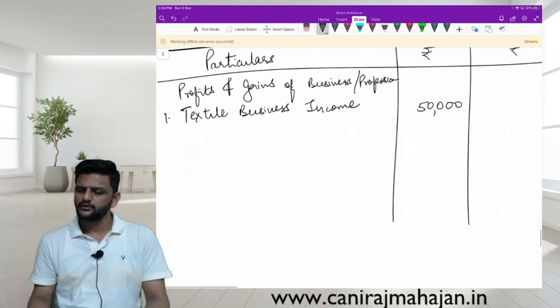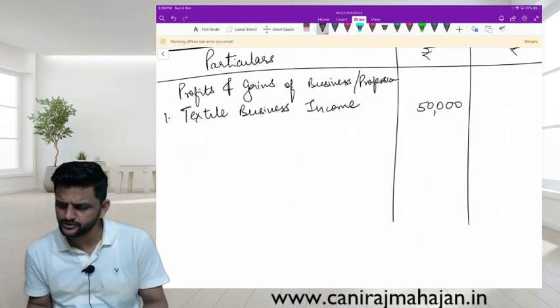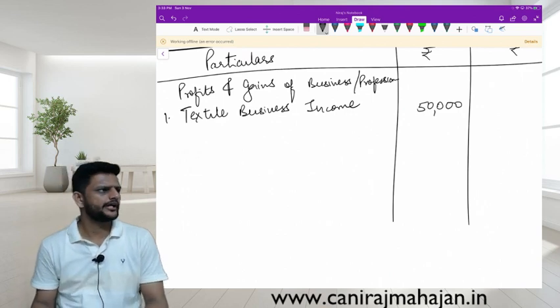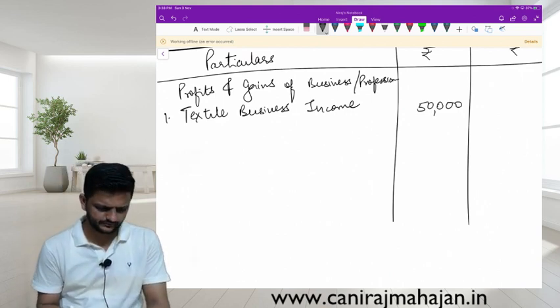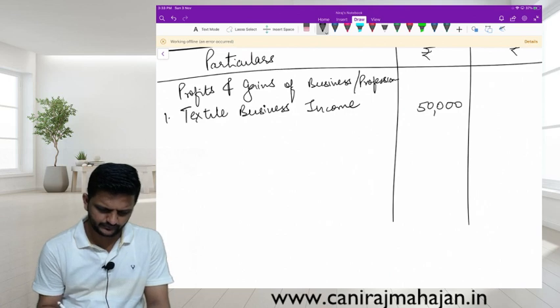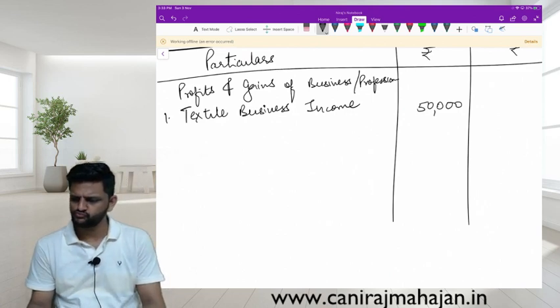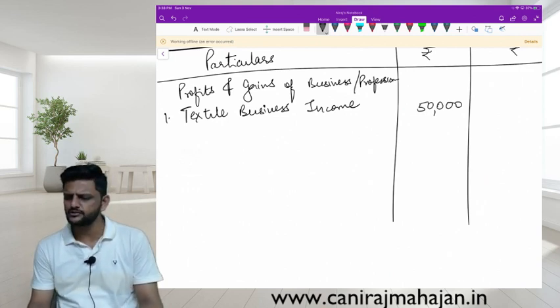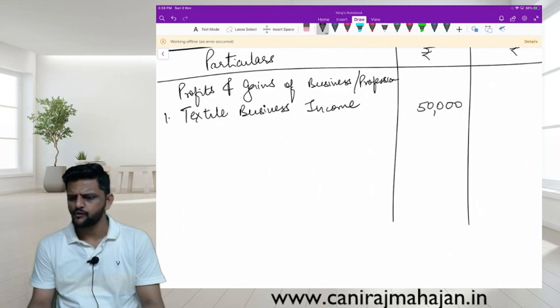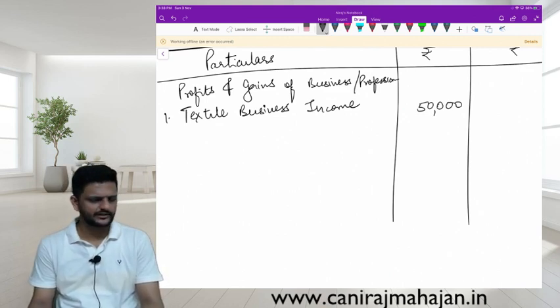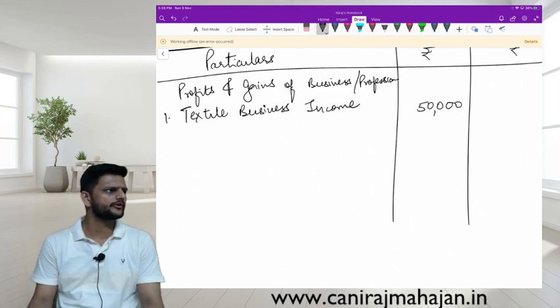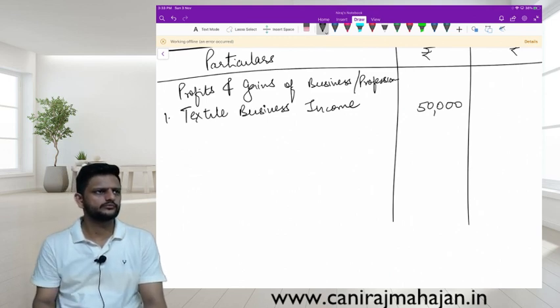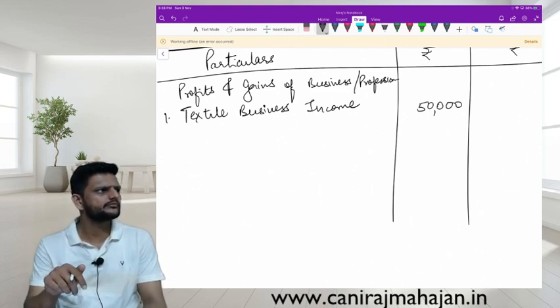Okay. What we can reduce from here? Do we have losses to be reduced? HP loss we can reduce? Any other business loss we have? Do we have textile business loss? That brought forward loss as it is we cannot set off of textile, because first preference you always have to give to same head of income.